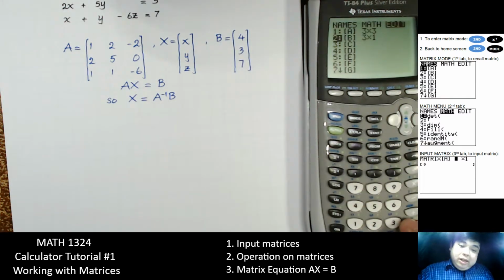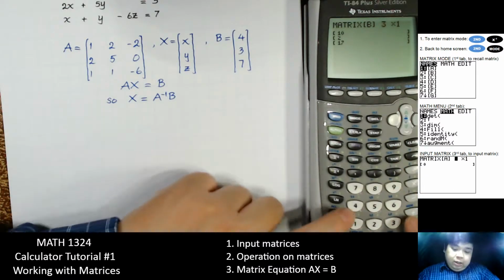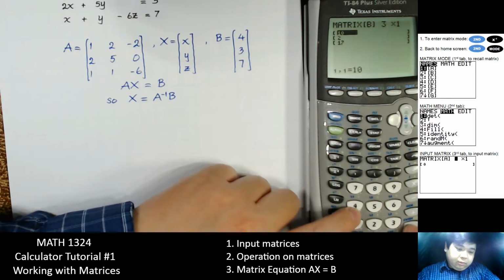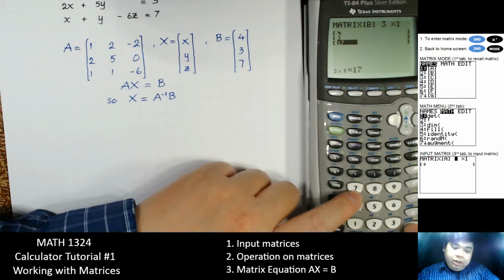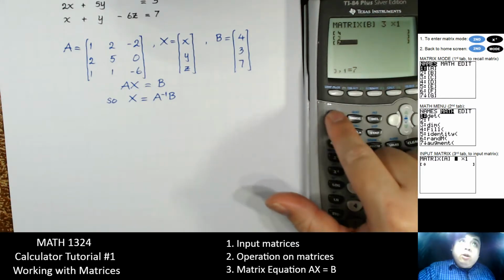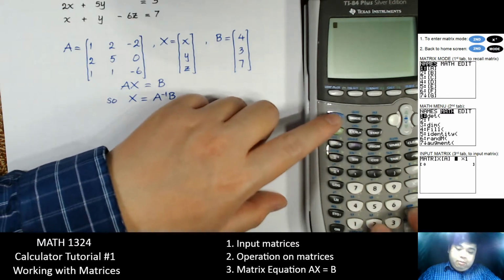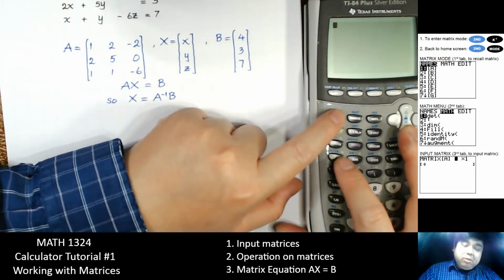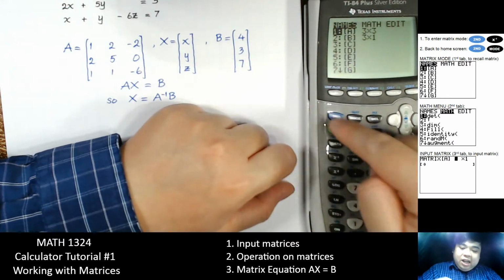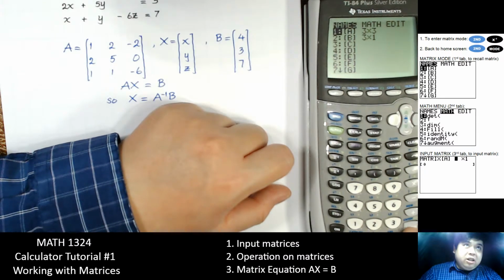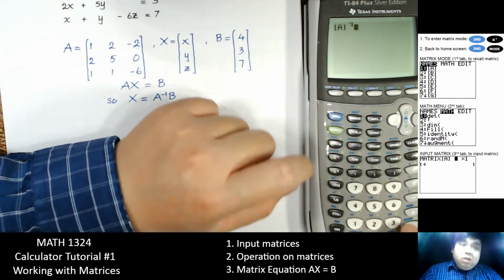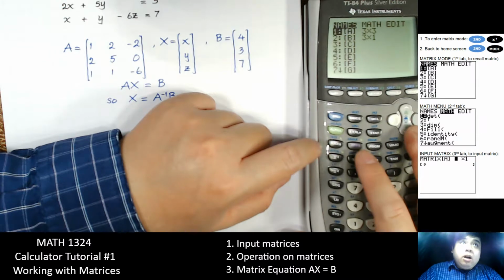And the matrix B, also 3 by 1: 4, 3, 7. Once we're done, quit, and again A inverse times B. We could just hit second enter, but I'll just do that again: A inverse times the matrix B.